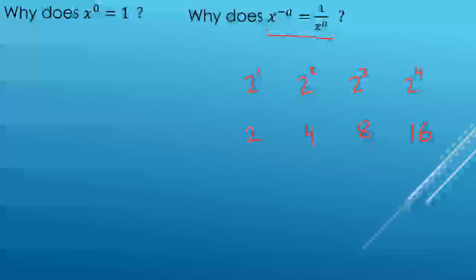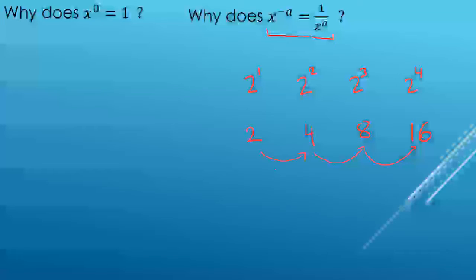My question to you is, what is the pattern as the powers are increasing? Basically, what's the pattern from left to right? Do you see a pattern? How do I go from 2 to 4? How do I go from 4 to 8? How do I go from 8 to 16? By multiplying something. It's times 2 each time, right?